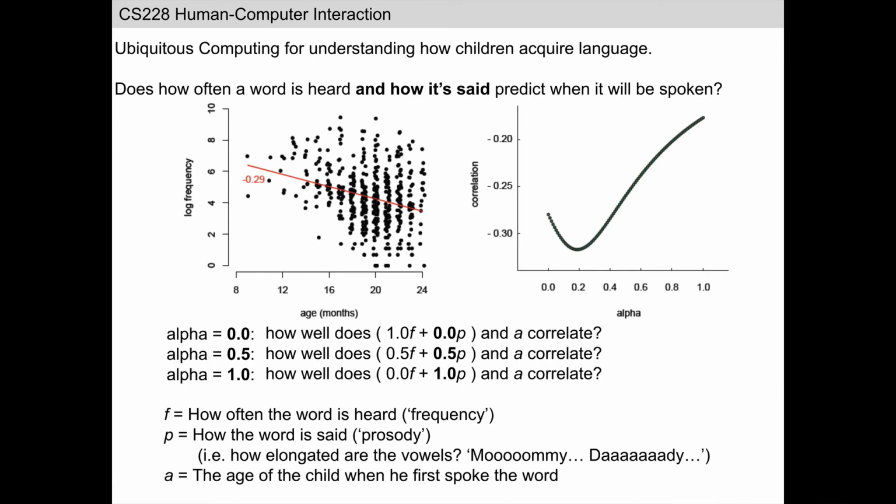So I'm going to unpack this slide for you, but let's start by going down to the bottom of this slide. We just saw in this plot here on the vertical axis, we were looking at F, or frequency, how often a word is heard.